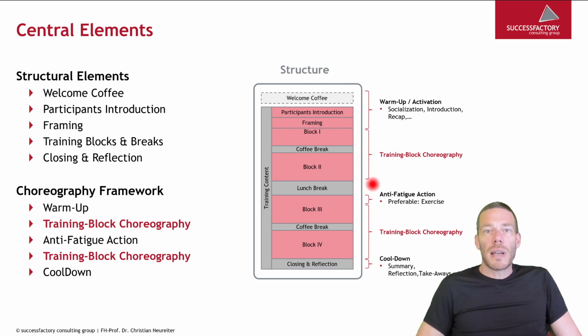Very important point, after lunch break, always we have some anti-fatigue action, because everybody is a little bit sleepy after lunch, so we need to activate them again before we can proceed with working on content, which is done subsequently. And then in the end, we make our safe landing. We love to have a cool down phase, which typically comprises things like a summary, individual reflection, and maybe the clarification of some takeaways from all the participants in the training.